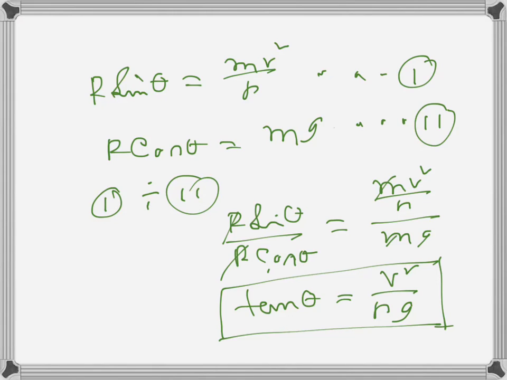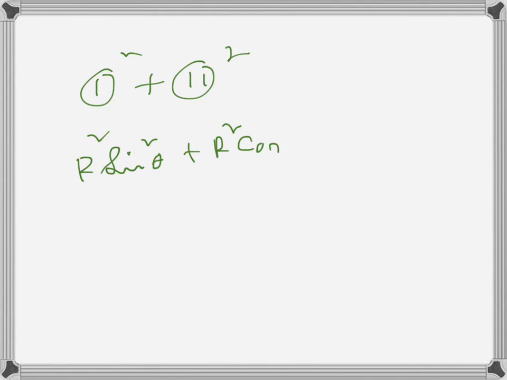However, if we want to find the reaction force, the expression for the reaction force, we can do 1 square plus 2 square. So that would be R square sine square theta plus R square cosine square theta, and that will be equal to mv square over R, this one squared, plus mg squared. So I'm not doing that in full, I'm just writing it like that.